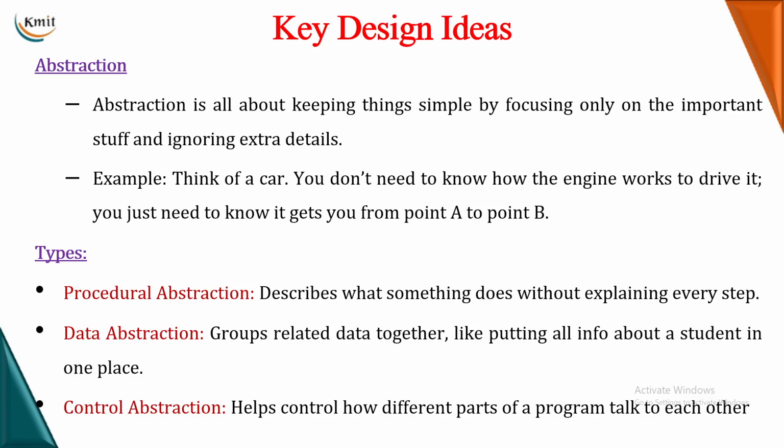Control abstraction talks about how different parts of your program are talking to each other. It simplifies the control flow, making it easier to manage how different parts of your program interact with each other. That is called control abstraction.